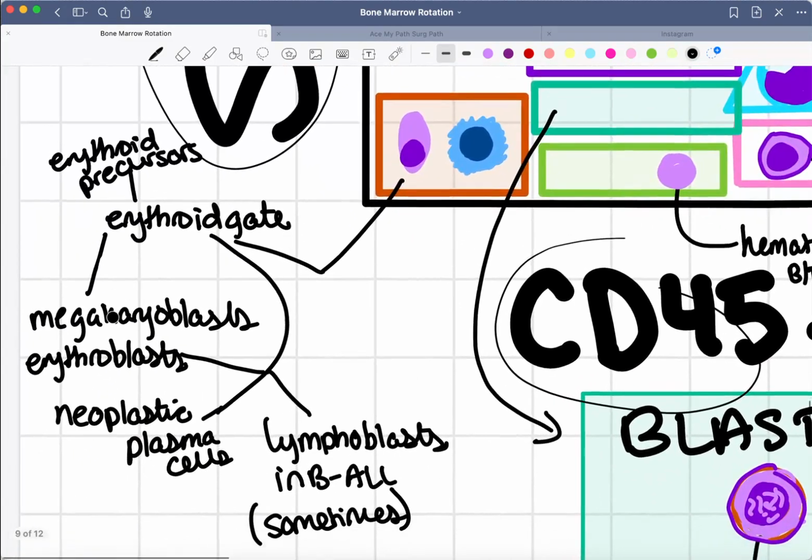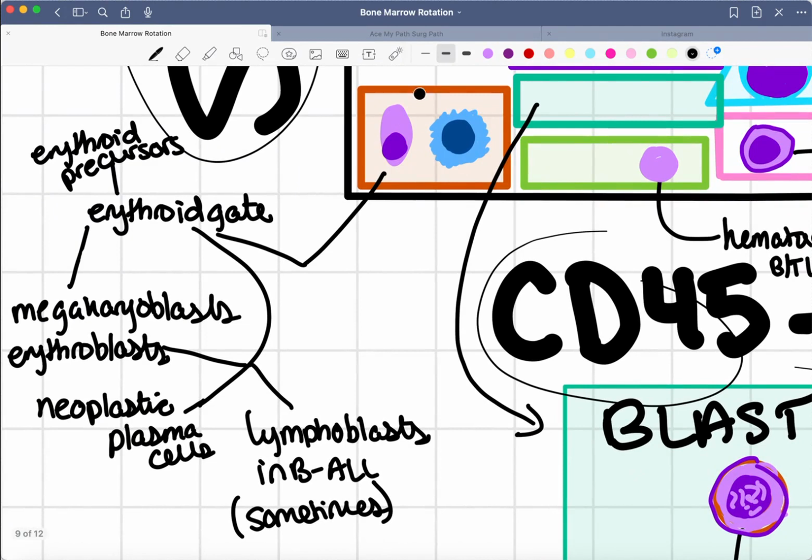So we'll start here with the smallest cell with the least amount of granules, and that is going to be our erythroid gate. So our erythroid gate here is going to be important because we are going to have certain kinds of cells hanging out here. The cells that are going to hang out here are going to be our erythroid precursors. We're going to have our megakaryoblast. Remember, that says megakaryoblast. We're going to have our erythroblast.